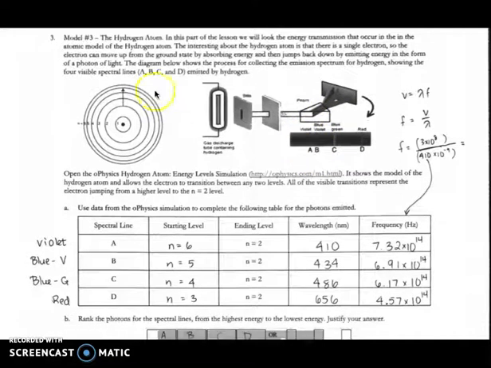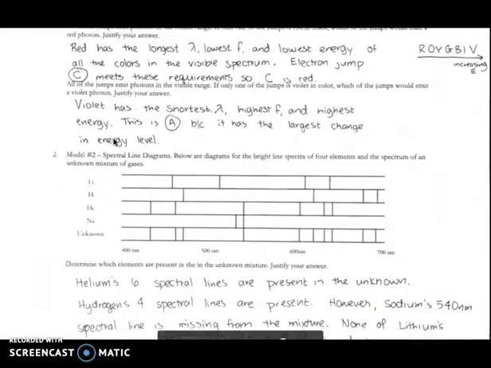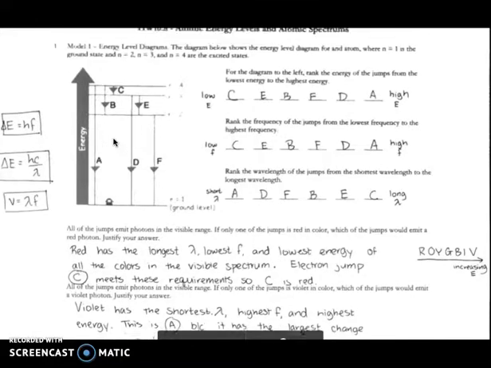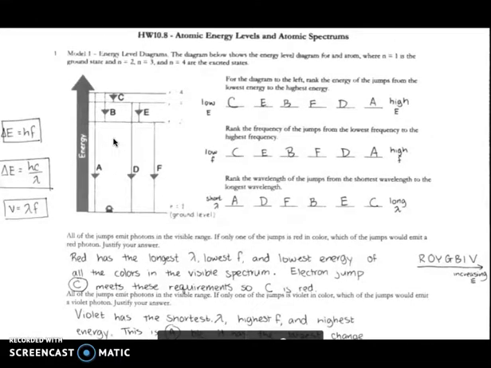So for this, we were looking at the 4 different colors that show up in the visible part of the hydrogen spectrum. This picture right here in Model 3 is basically what it would look like if I took Model 1 and tried to make it look more realistic.